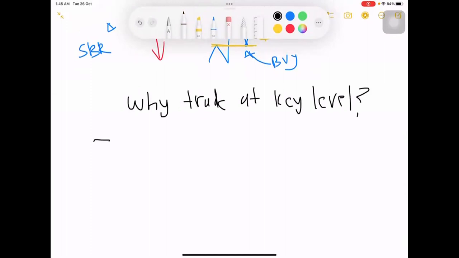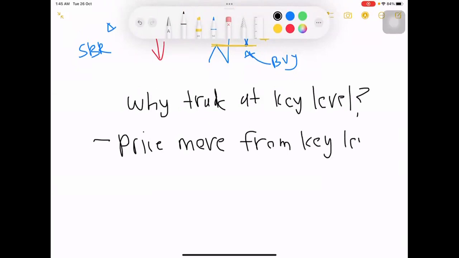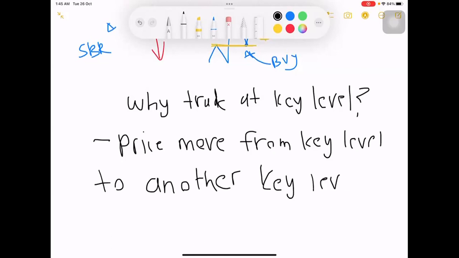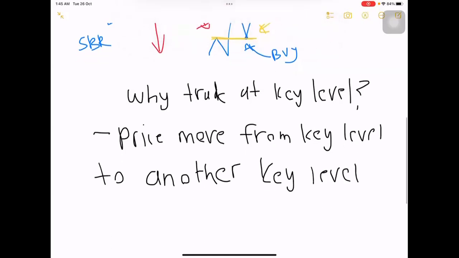And the other one is price moves from key level to another key level actually. Yes. So that's why we trade at key level.